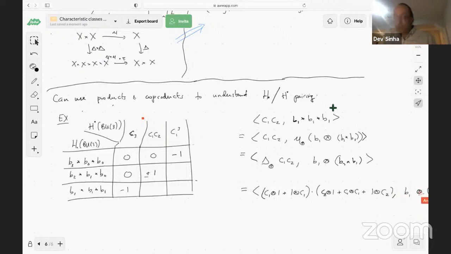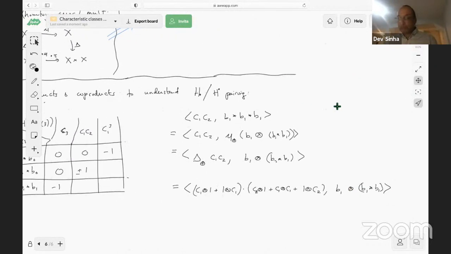Okay, and so a lot of these are in the wrong degree, also on the wrong component, but wrong degree does us plenty of good. So for example, C1, C2 on B1, well, that's something in degree 3 cohomology and degree 1 homology, so that's 0.